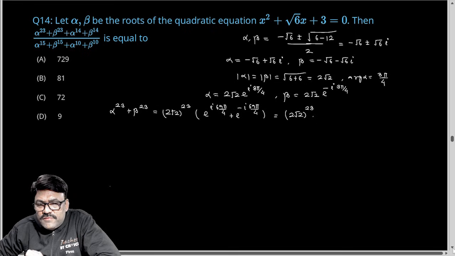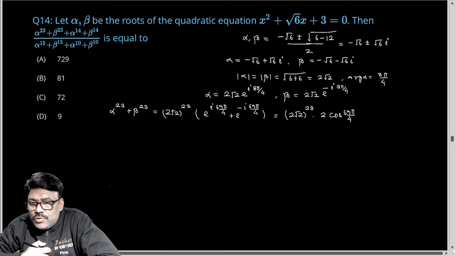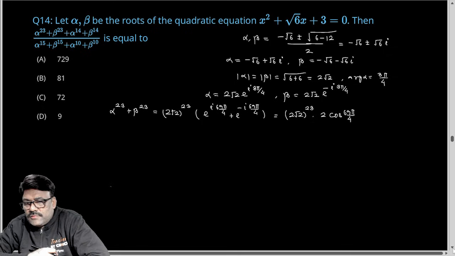Now e raised to iota 69 pi by 4 plus e raised to minus iota 69 pi by 4 is 2 cos 69 pi by 4.